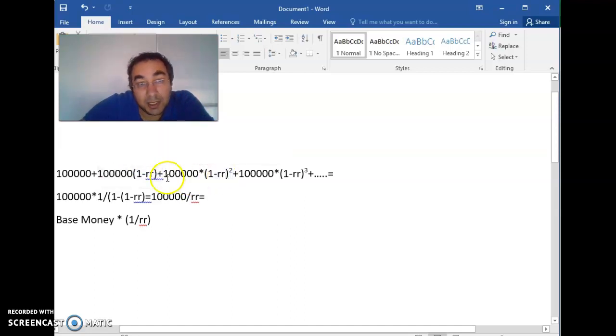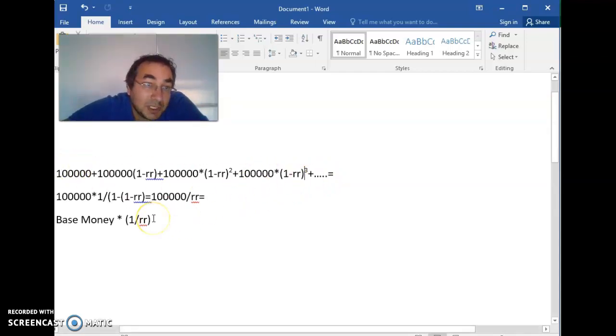So we now have 100,000 times (1 minus RR) squared back in the economy. That amount comes back to the bank, and again that amount times RR is kept in reserve. That amount times 1 minus RR is sent back to the economy, so it continues. So we have an expression like this.